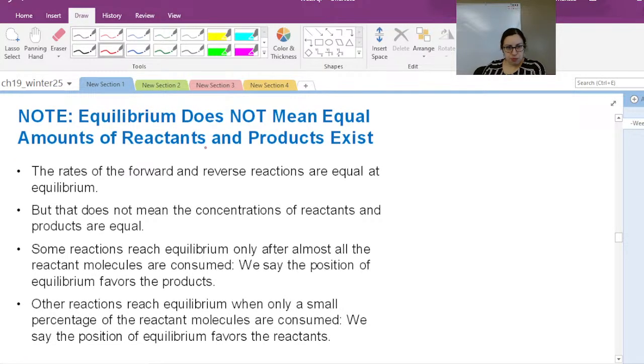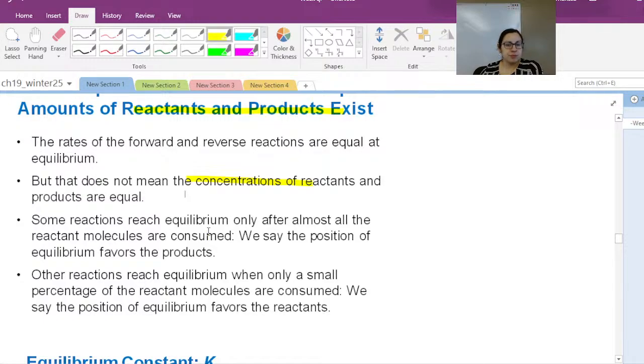Now we want to clarify, just because something is at equilibrium, we're not saying that there are equal amounts of products. This is where our equilibrium constants will come in. All we're saying is the rates are equal. We don't know what the concentrations are yet, but we'll be able to solve for them from our equilibrium constants.